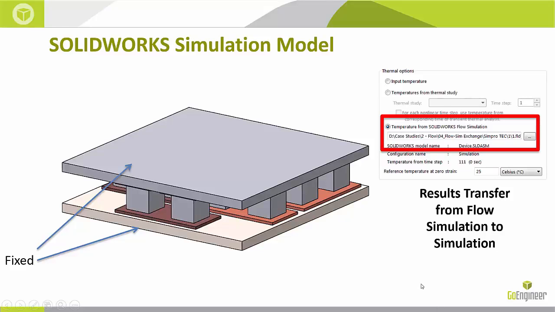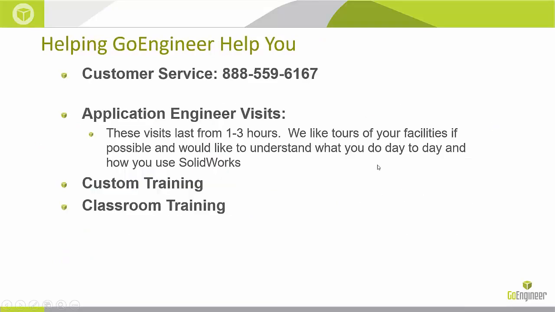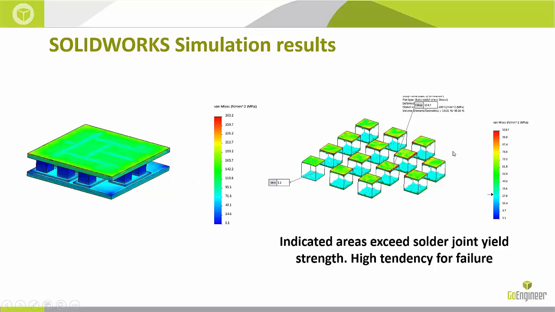And once you have that input and you run the simulation, we were able to understand that these areas indicated with red color, with a maximum of about 104.7 megapascals, will probably have a high tendency of failure, and we might need to redesign this in order for this model to work.